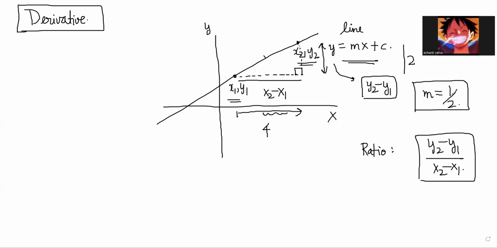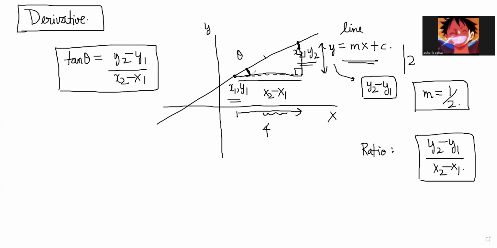And by the way, in this right angle triangle, for this angle theta, tan theta is equal to y2 minus y1 by x2 minus x1. So the slope of a line is also tan theta, where theta is the angle that the line makes with the x-axis, with the horizontal.